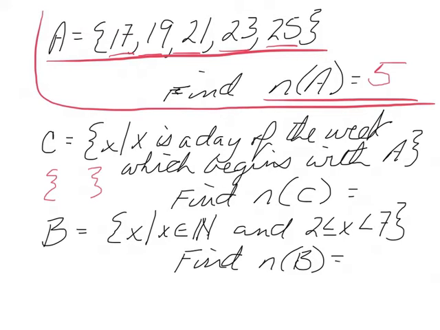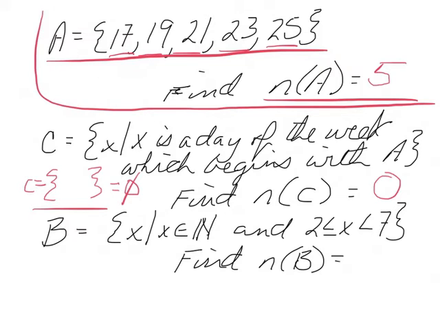Well, none of those begin with an A. So this is the correct roster. So the number of elements in set C is 0, which is the number of elements in the empty set. In this case, C was equal to the empty set. We're going to talk about equality of sets in a moment.